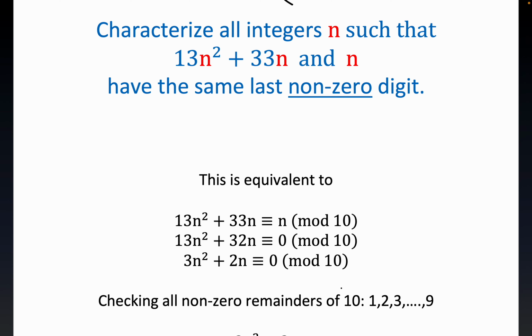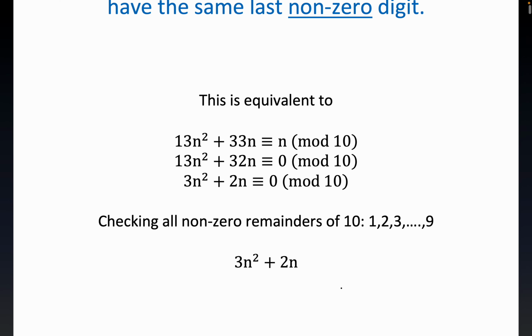So we're going to check all the non-zero remainders mod 10, and the only one that actually works here is n equals 6. I'm not going to go through each one. You can see that one doesn't work clearly, and it's very easy to verify here, but n equals 6 is the only one in this list of 9 remainders that produces what we need.